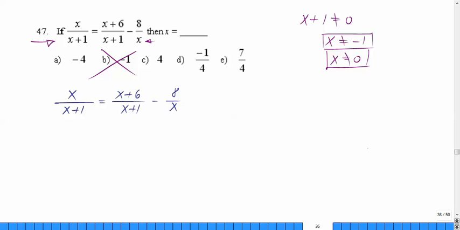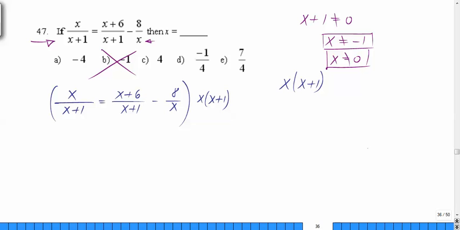In order to accomplish that, I need to find the least common multiple of x plus 1 and x. Everybody should see that that will be their product, right? They don't share any common factors. All I need to do is to multiply everything by x times x plus 1.